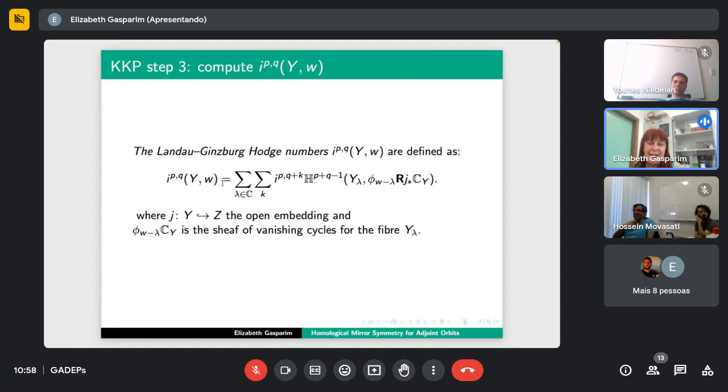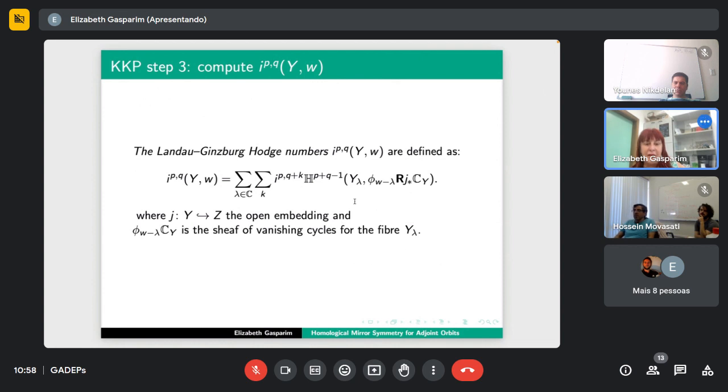These are longer to say. For us, they're actually easier to calculate. So here you have to take the sheaf of vanishing cycles. So this is actually a constructible sheaf of vanishing cycles for a regular fiber, so lambda is a regular value.